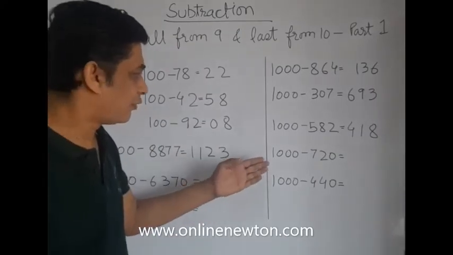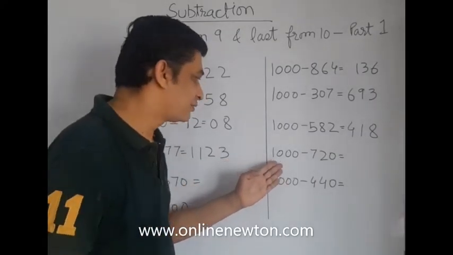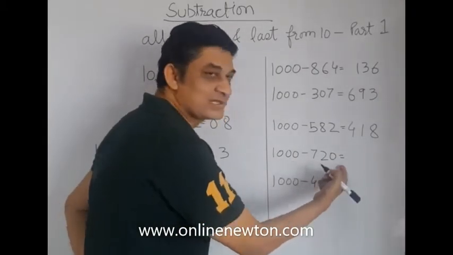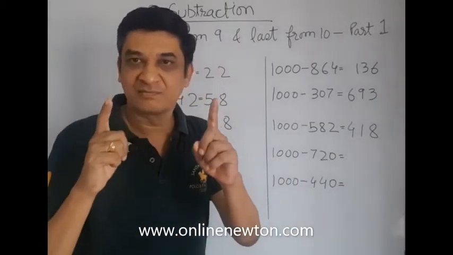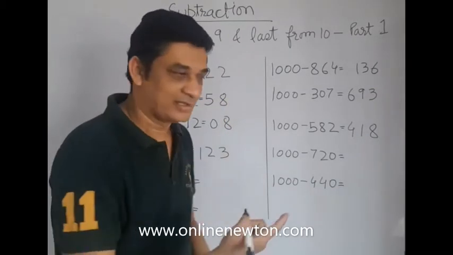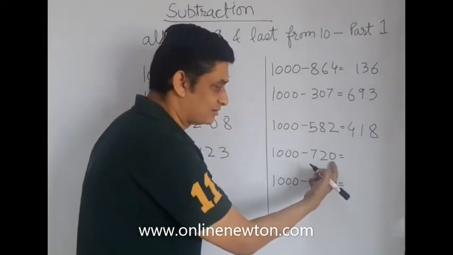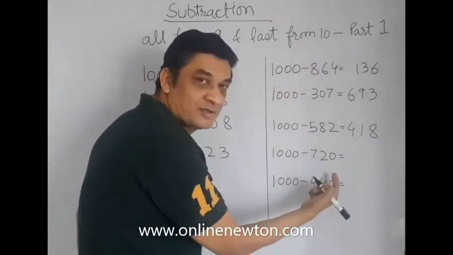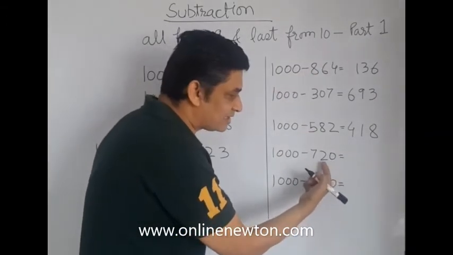Now what happens when we have to do 1000 minus 720? Please remember, if there is a 0 at the end, you have to use last from 10 on the number which is just before it.